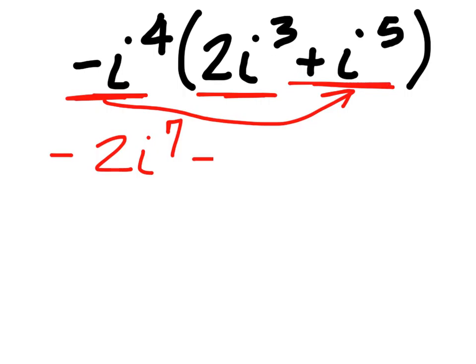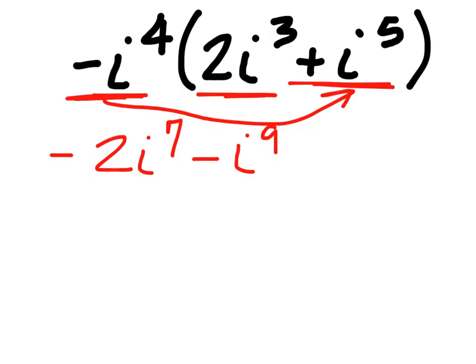You'll have a minus i to the ninth. So from there, it's a matter of simplifying. i to the seventh. We know that i to the fourth is 1, and we know that i to the sixth is going to be a negative 1.